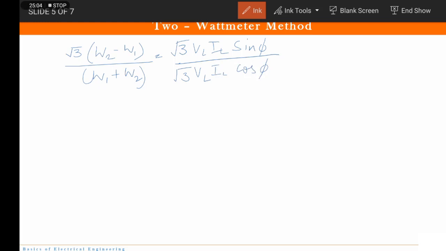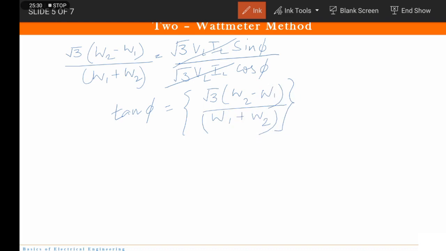Yes, I can do that. So I got tan phi equal to root 3 (W2 minus W1) upon (W1 plus W2).